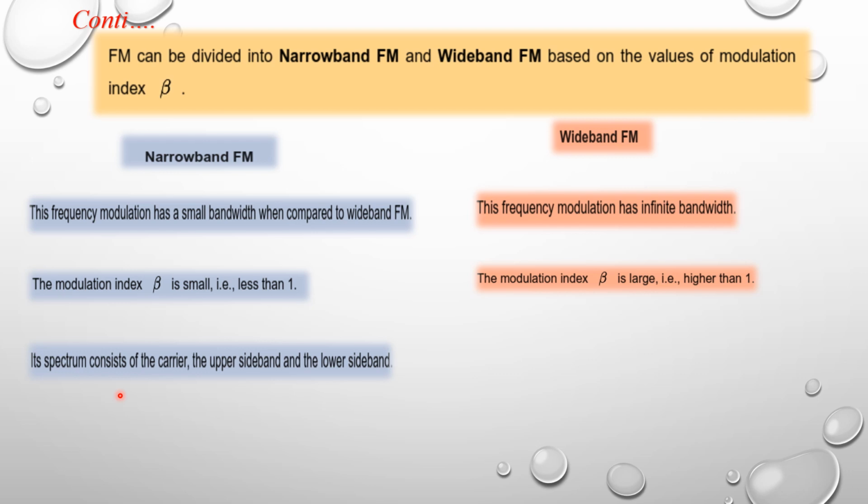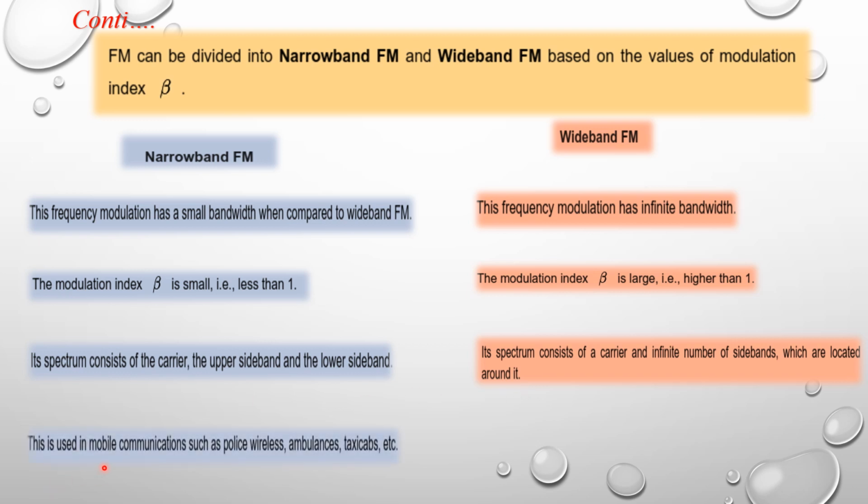In narrowband FM, the spectrum consists of the carrier, the upper sideband and the lower sideband. In wideband, the spectrum consists of the carrier and an infinite number of sidebands located around it.